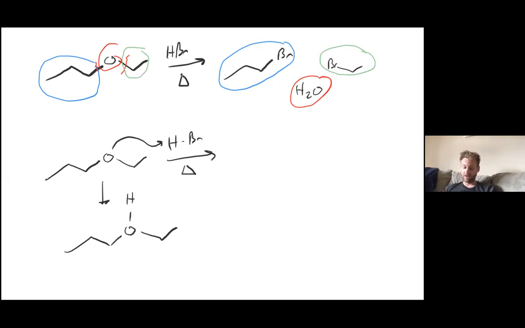From this point, we have a really good leaving group. It's not very specific as to which side of this happens first. I'm just going to draw it happening on the left side first. It could just as easily attack on the right side. So I'm going to draw it attacking here. But it could have attacked on the ethyl side. There's no reason why it would happen on one versus the other.